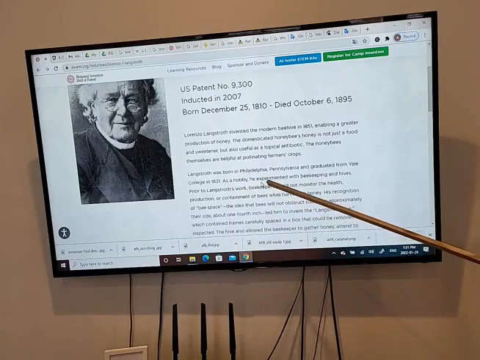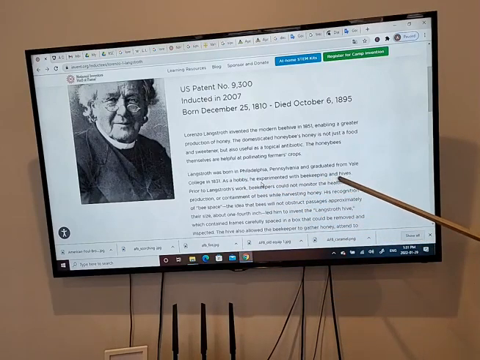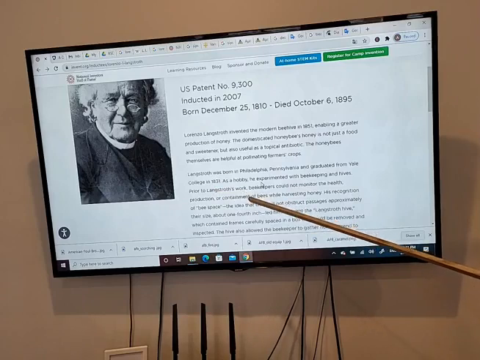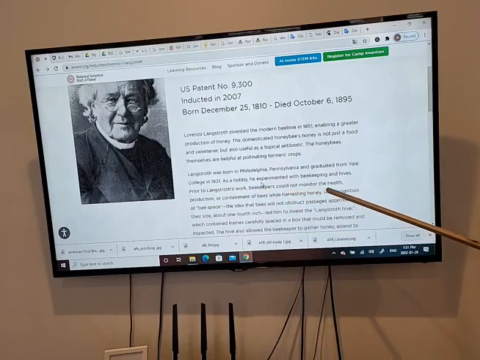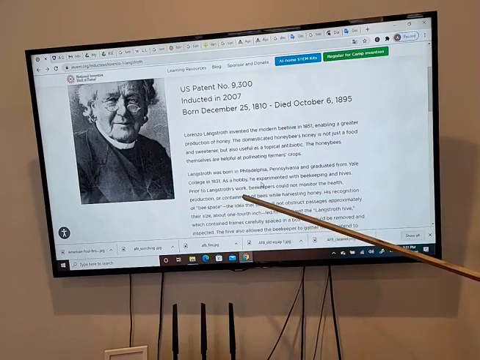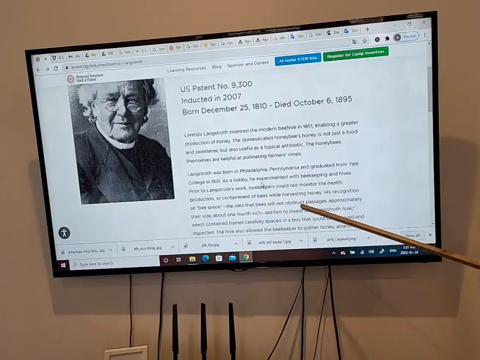As a hobby, he experimented with beekeeping and hives. Prior to Langstroth's work, beekeepers could not monitor the health, production, or containment of bees while harvesting honey.